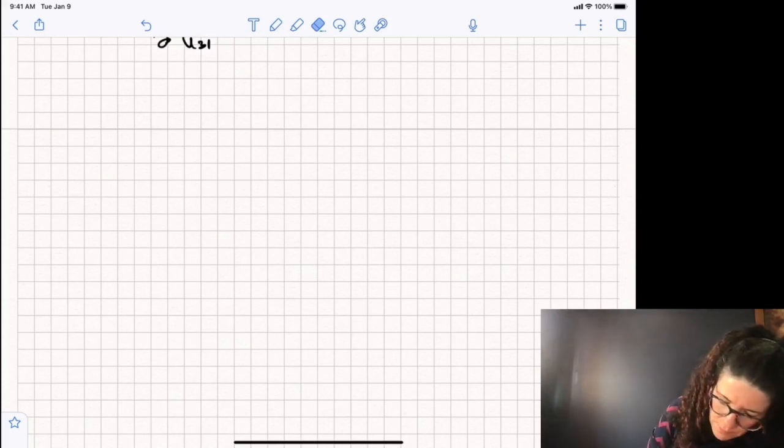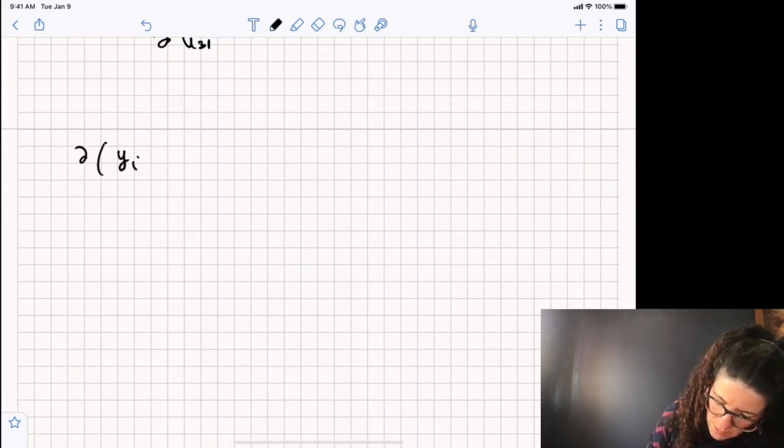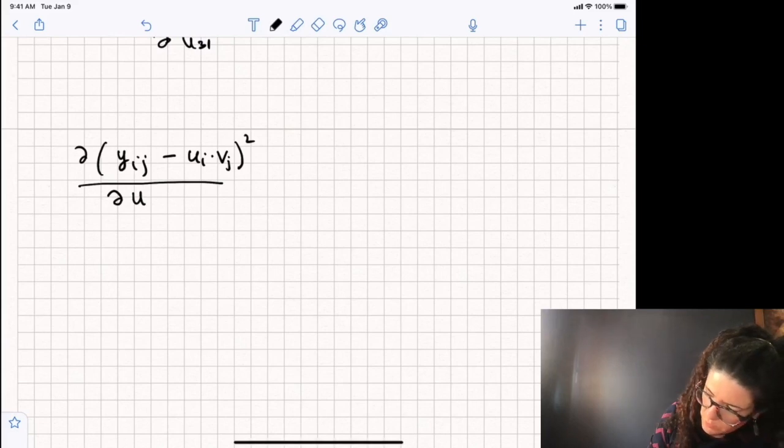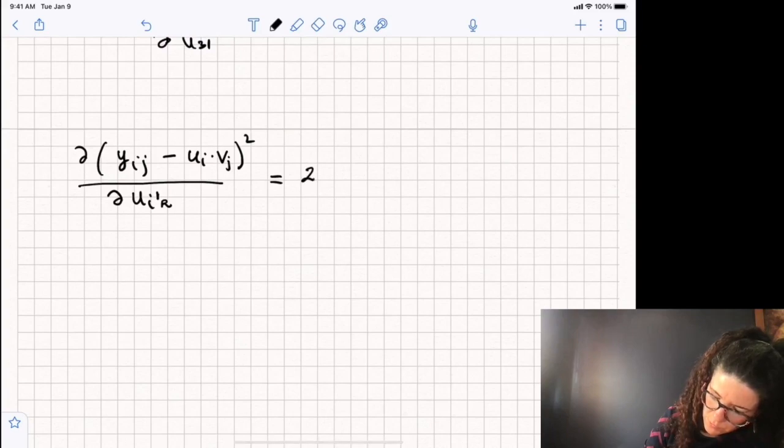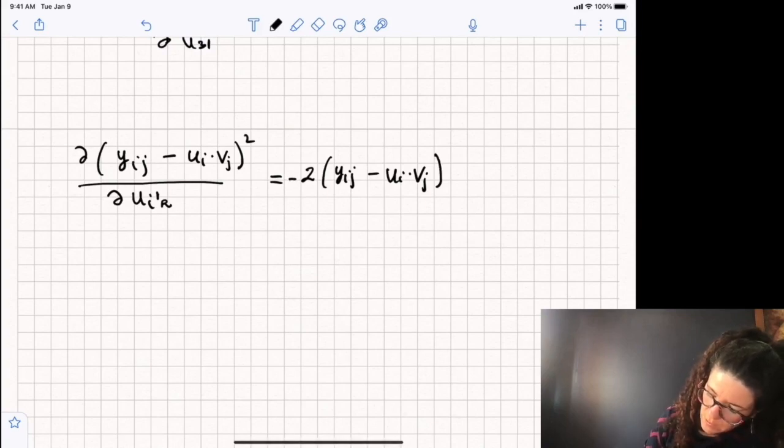Now let's look at yij minus ui times vj, squared, and its derivative with respect to u i prime k. We already know how to differentiate part of this. If you remember, this is 2 times yij minus ui times vj, and then a minus, and then the derivative of ui vj with respect to u i prime k.